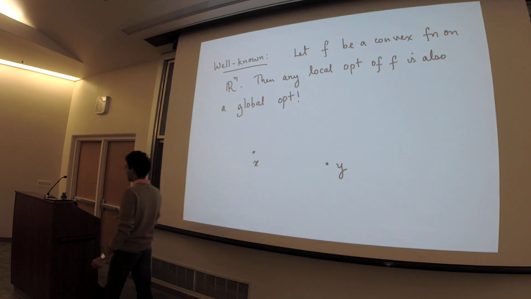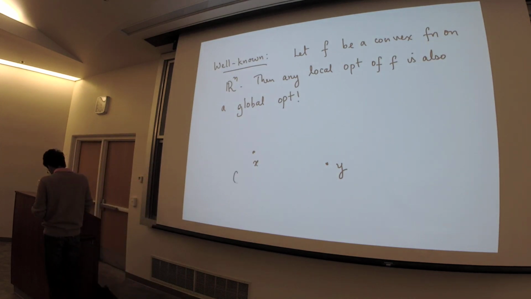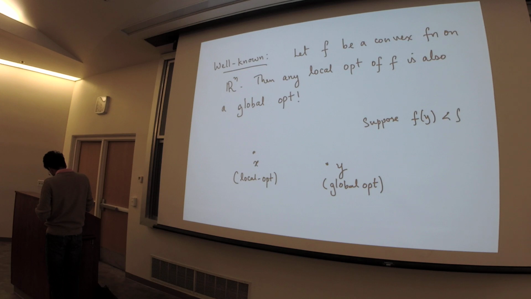So this guy is a local optimum. This guy is a global optimum, and f of y is strictly less than f of x.